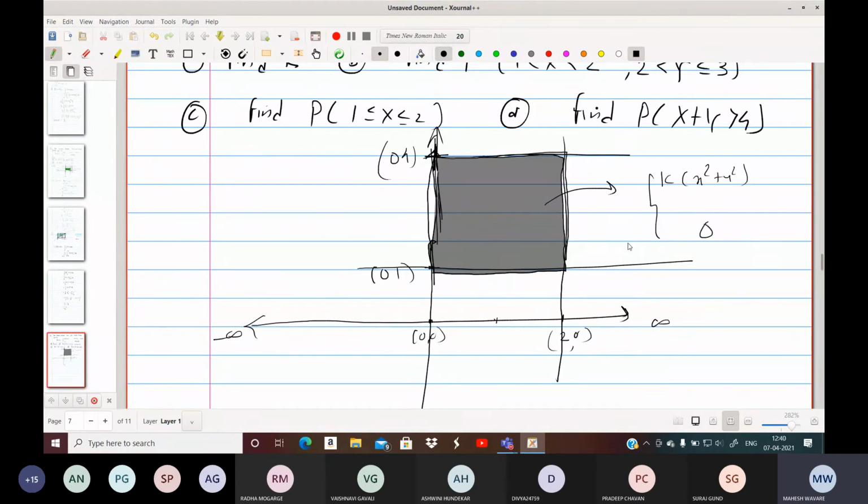Outside of this the function value is 0, anywhere. So on this region you have the function defined, not on the other region.